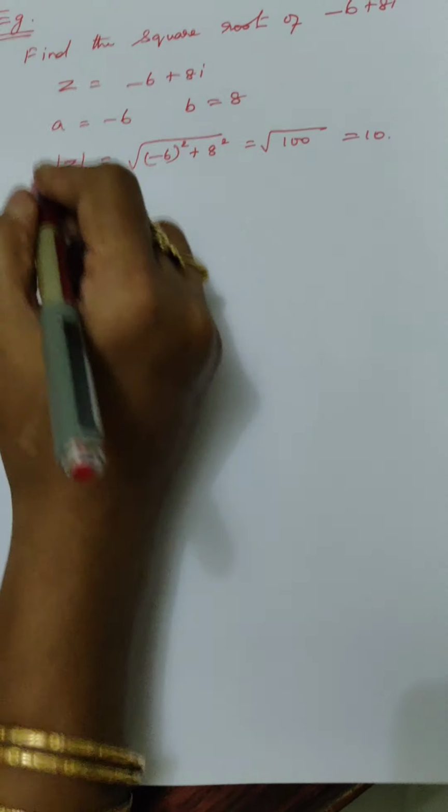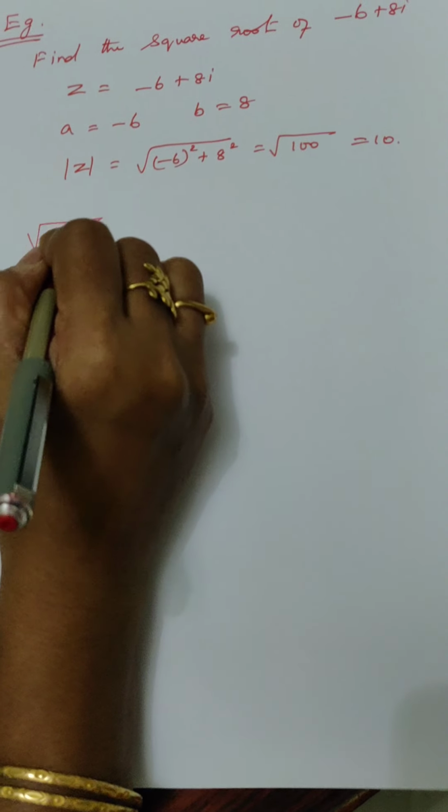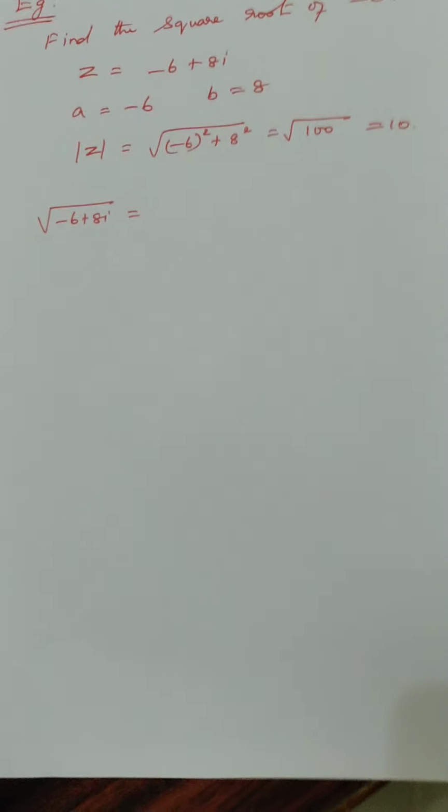Clear now? So the square root of minus 6 plus 8i equal to, I am just applying the formula.